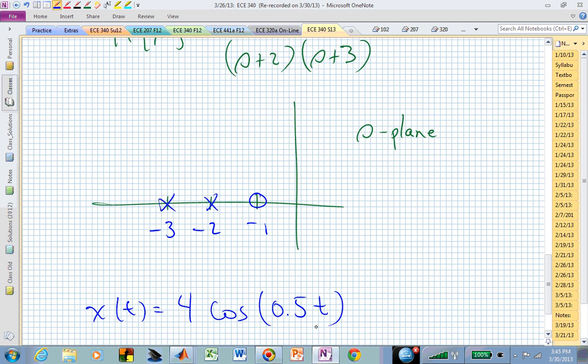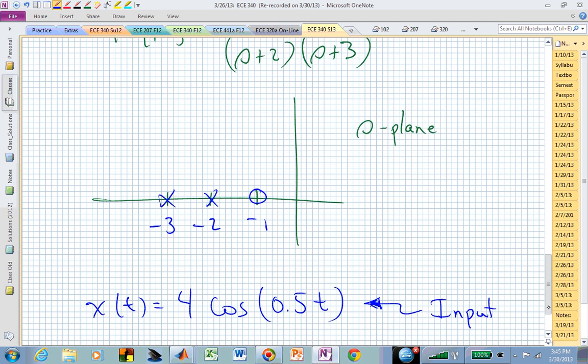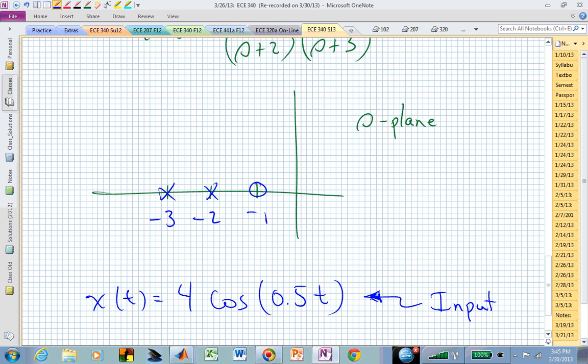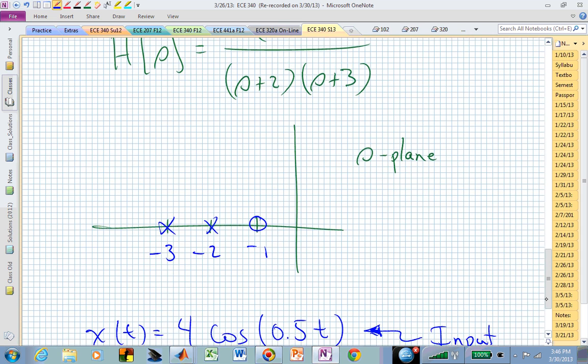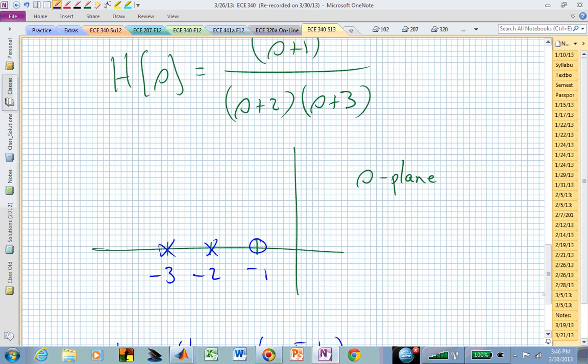In particular, what if we used x of t as the input, where x of t now has a frequency of omega equal to 0.5 radians per second? What's going to happen now at the output? Or more specifically, what happens in the sinusoidal steady state?